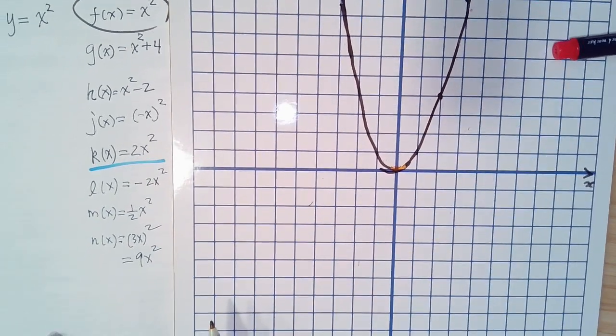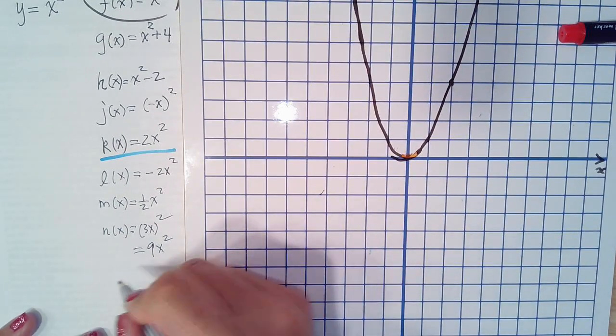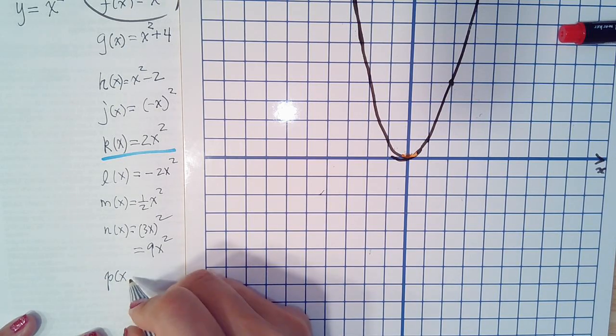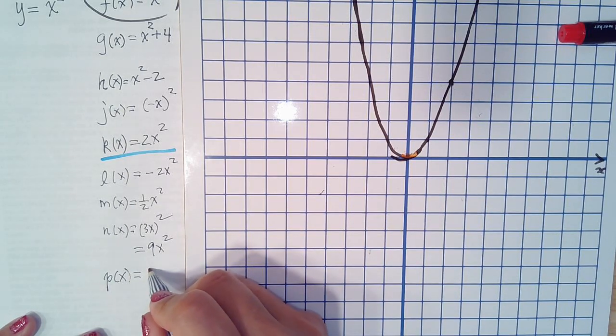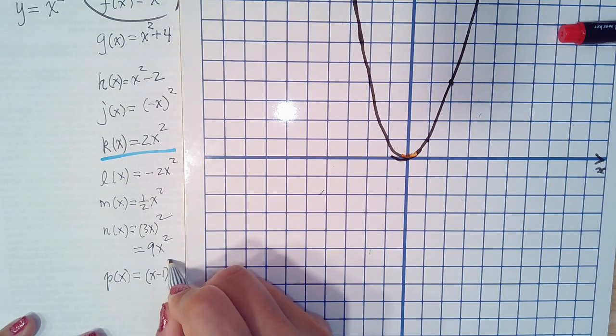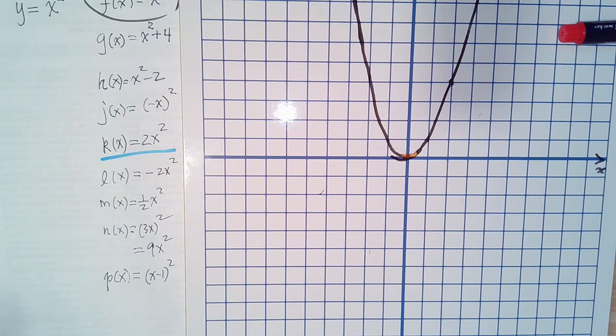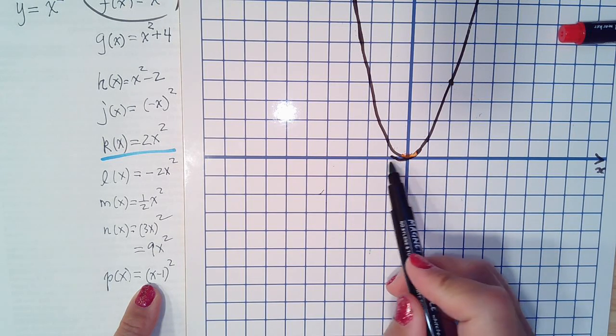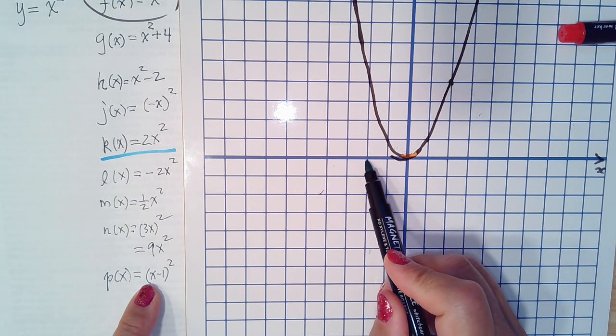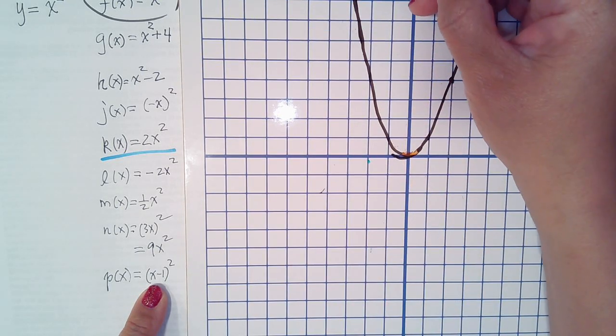Now P of x is x minus 1 squared. Now this is hard. So let's see what happened when x equals negative 2. Negative 2 minus 1 is negative 3, squared, we get a 9, which is here.